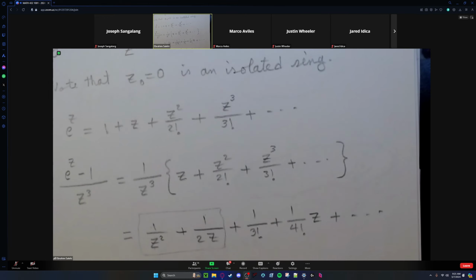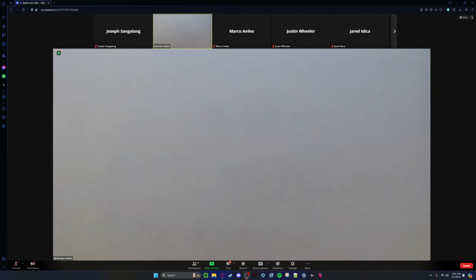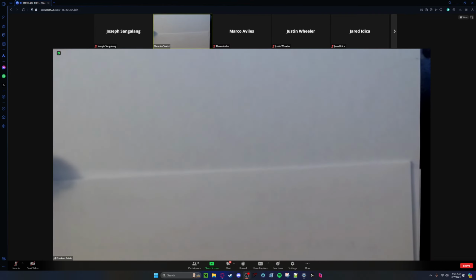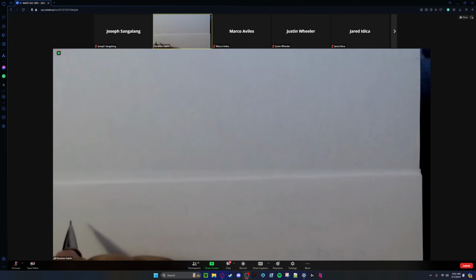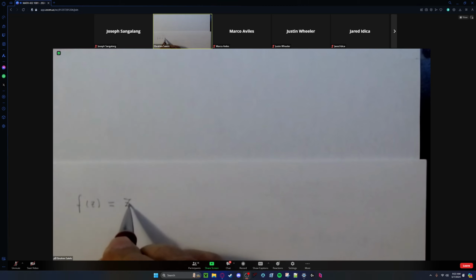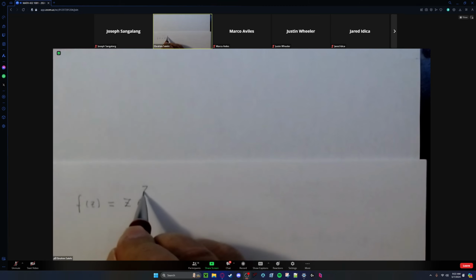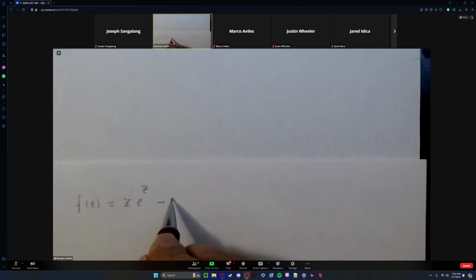The answer is no, because this function f of z, which I'm writing exactly the way it was given, is z times e to the z minus 1.